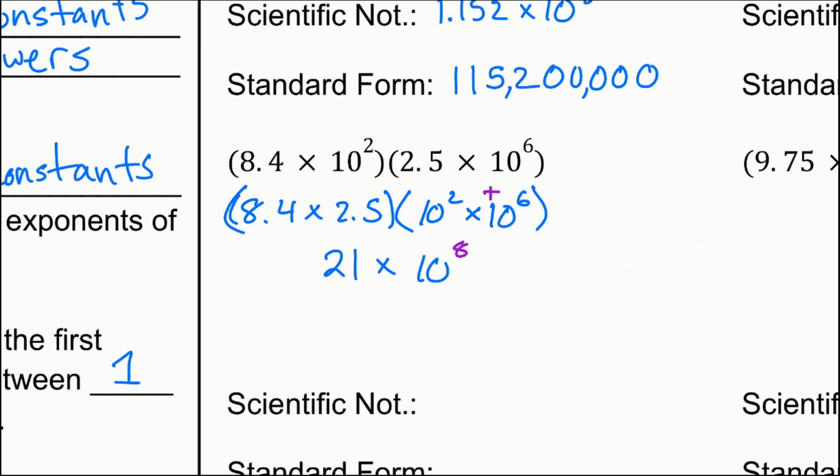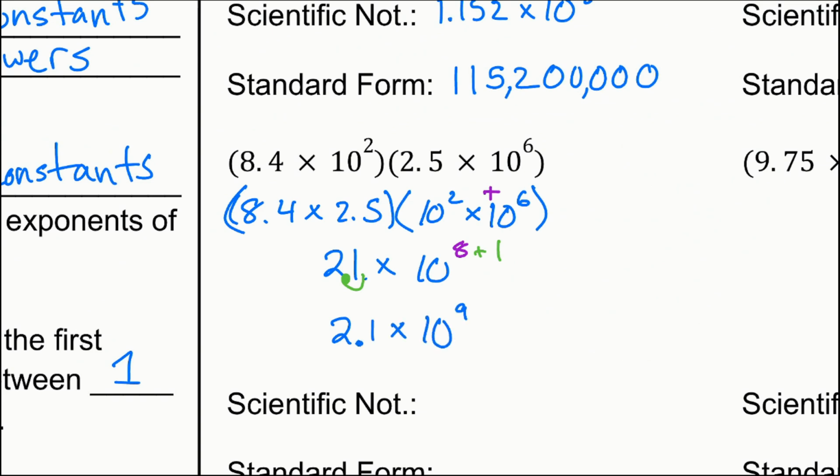So our decimal is right here for 21, and 21 is larger than 10, so we need to move it actually to here. So in scientific notation, since we moved this back 1, we have to increase this by 1, just like I did on the one above. So this would be a 2.1 times 10 to the 9th in scientific notation.